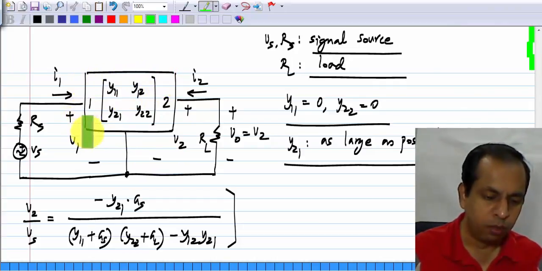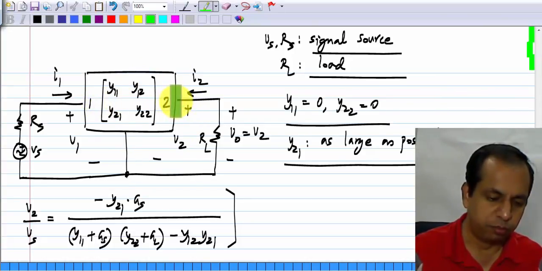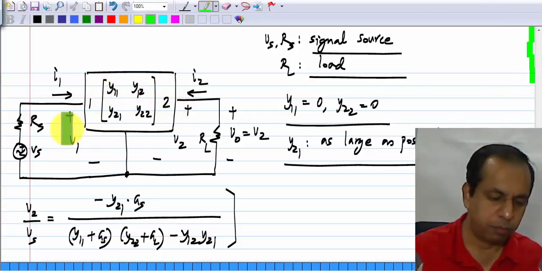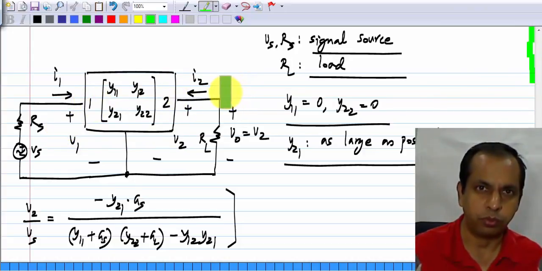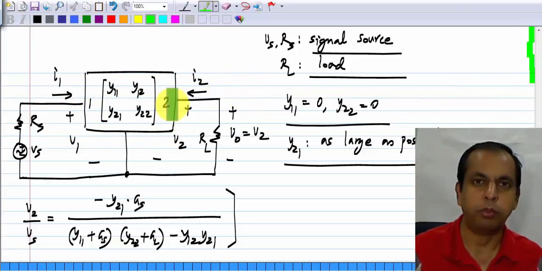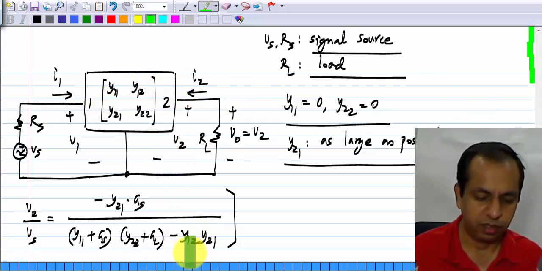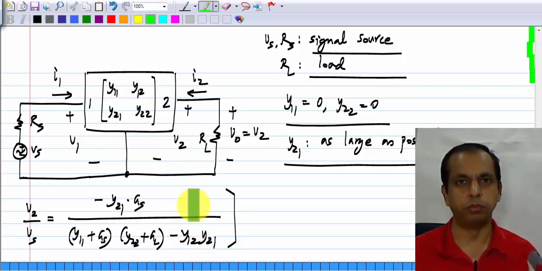Essentially, within this 2 port network there is feedback, there is some effect from port 2 to port 1. Normally if we think of it as an amplifier, we apply an input to port 1 and take the output from port 2. We do not expect the output to affect the input, but internally there is some effect that is given by this parameter y12.